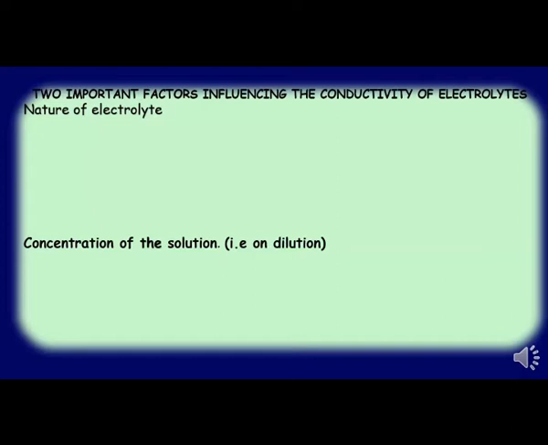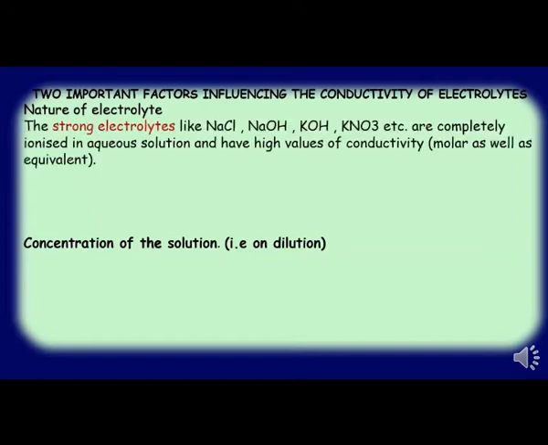And there are two different types of electrolytes. One is strong electrolytes. The examples are sodium chloride, sodium hydroxide, potassium hydroxide, potassium nitrate, potassium chloride, etc. They are completely ionized in aqueous solution. Therefore, they will show high values of conductivity, both molar as well as equivalent.